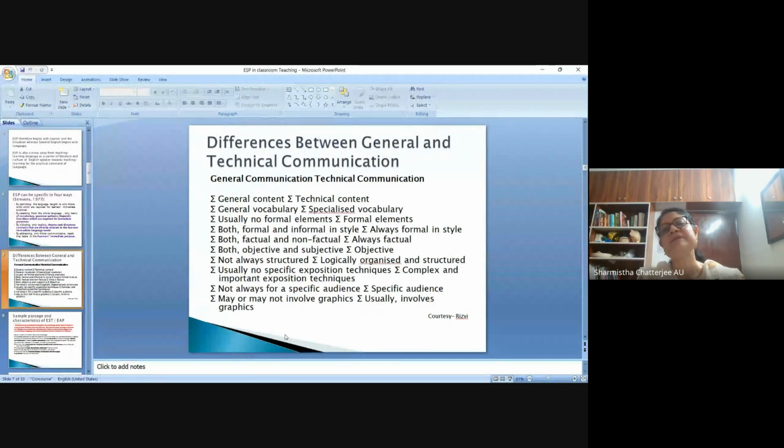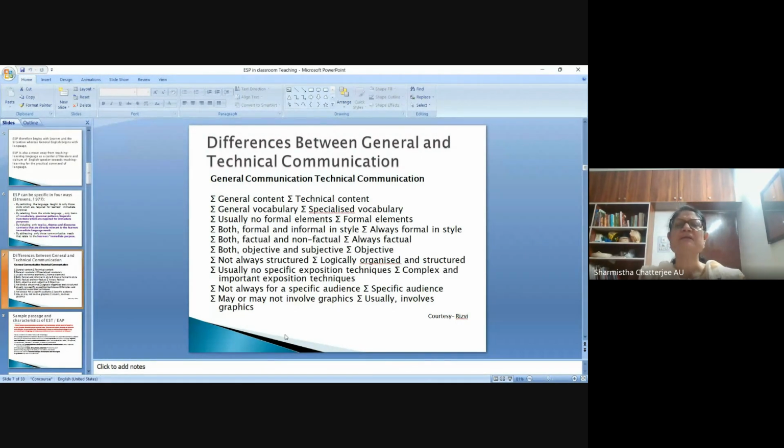When we say technical, we say ESP, EAP, English for academic purposes, and also EST, English for science and technology, which can include business, law, and whatever. For technical communication, there is very specific content. Again, general vocabulary versus specific vocabulary, like say litmus, chemistry, okay? Like say test tube, very specialized vocabulary.